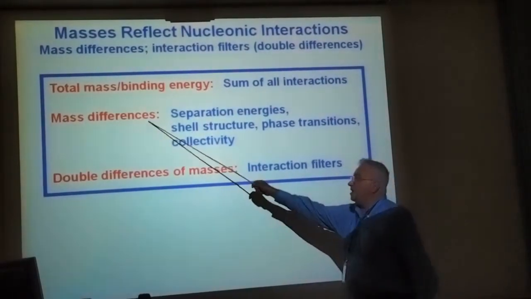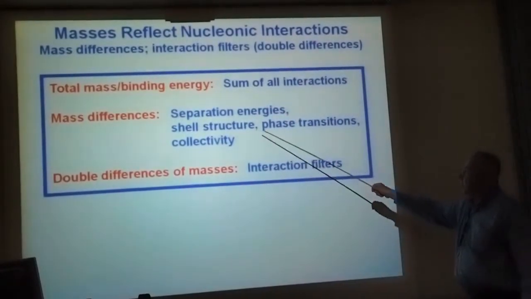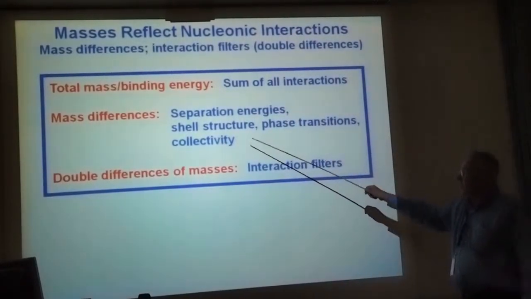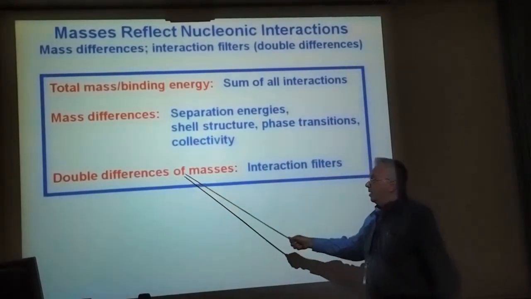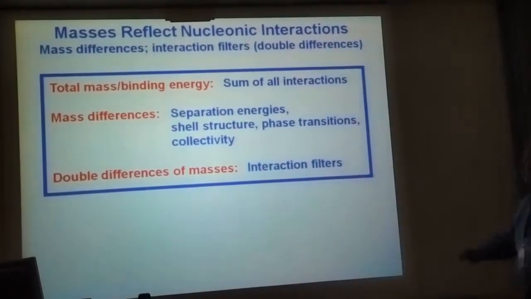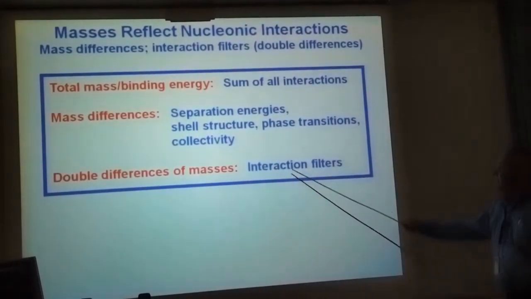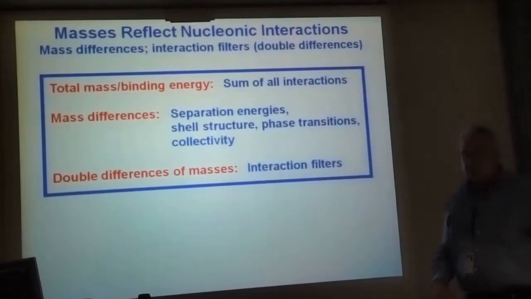They look at things like mass differences, separation energies. And that can tell us about shell structure, phase transitions, collectivity. A very important thing you can do is go the next step and look at double differences of masses. And that's a very powerful technique that allows you to actually isolate specific interactions and understand how they contribute to structure.